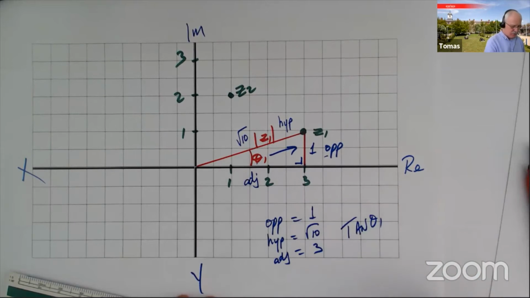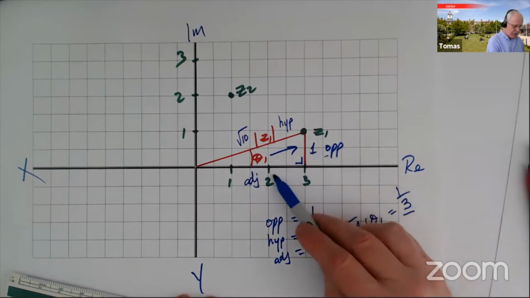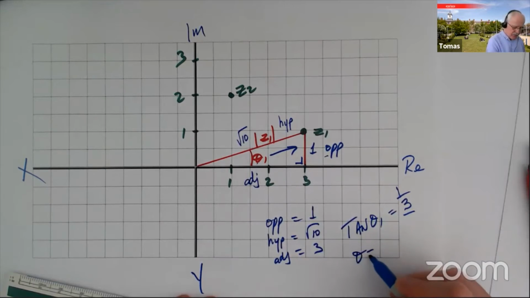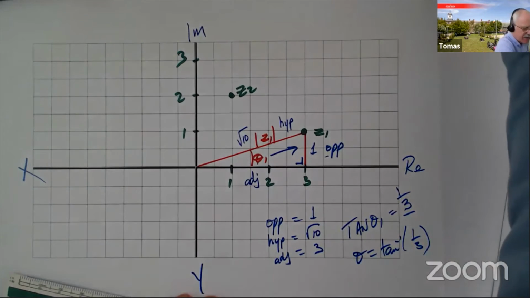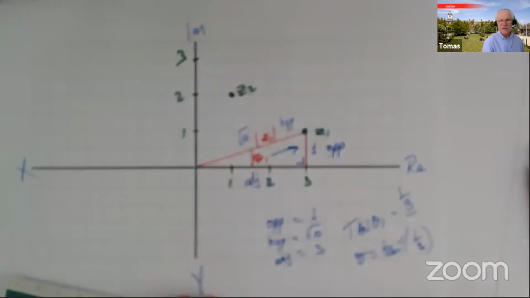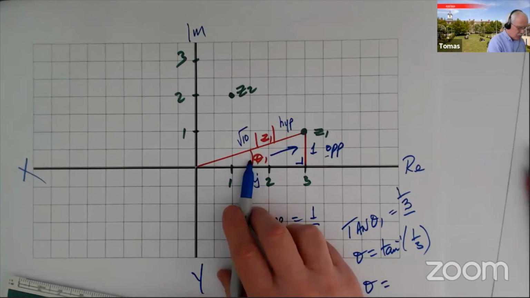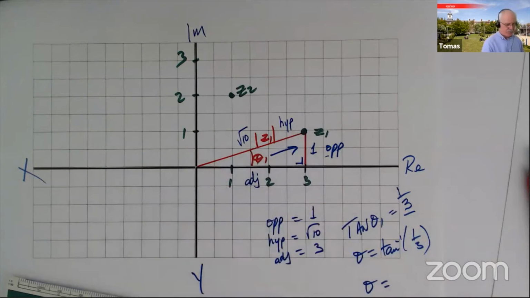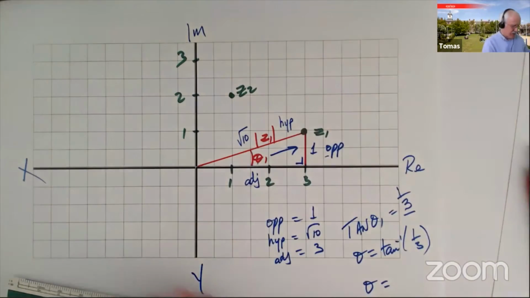So we get tan of theta is 1 over 3. What's theta? Inverse tan of 1 over 3. And whatever that angle turns out to be, we can find it out with the inverse tan. So we have that theta. Okay, so we can find theta 1, we can find the length. If we can do it once, we can do it twice.